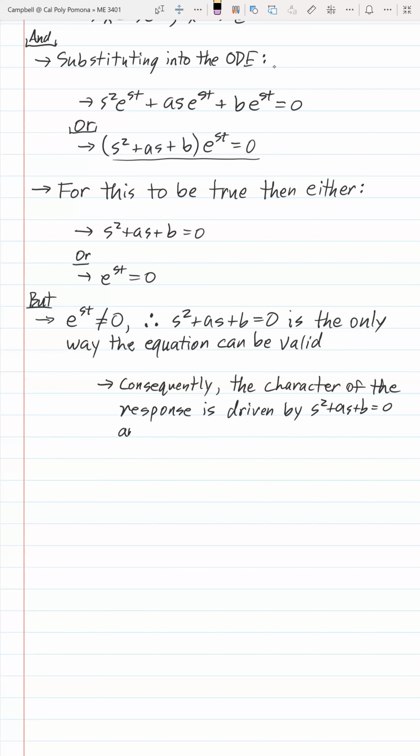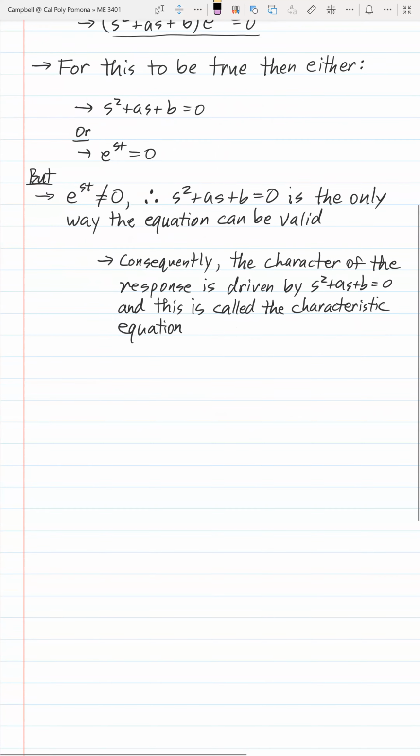And s I already spoiled for you. This particular equation, since it determines the character of the response, is called the characteristic equation for the differential equation for this LTI ODE.